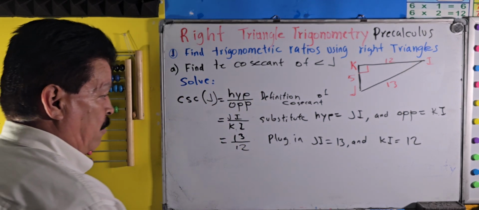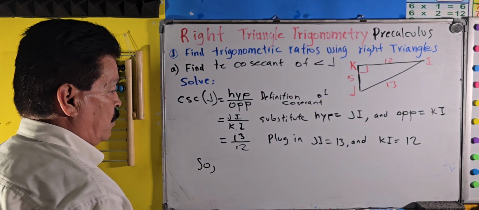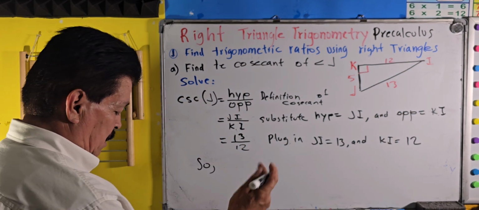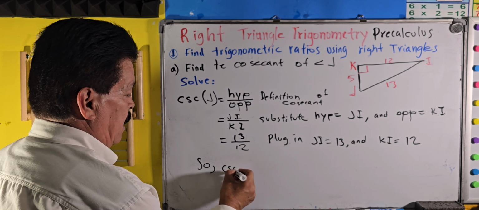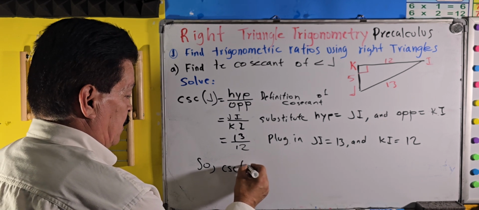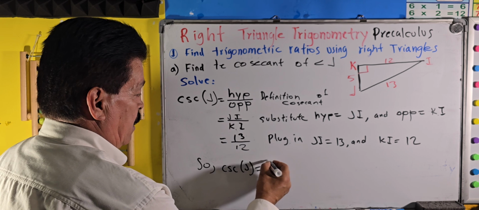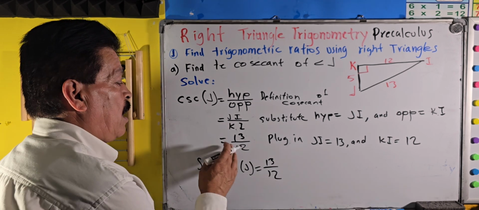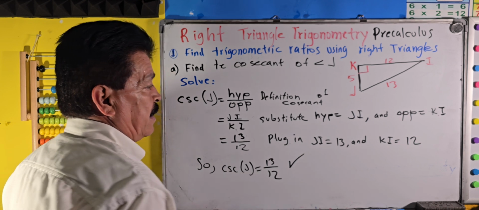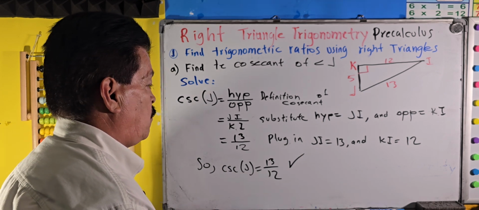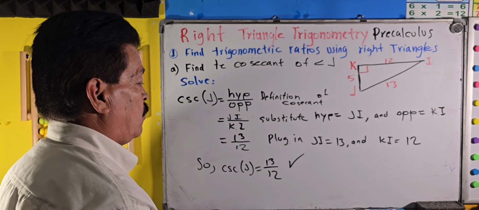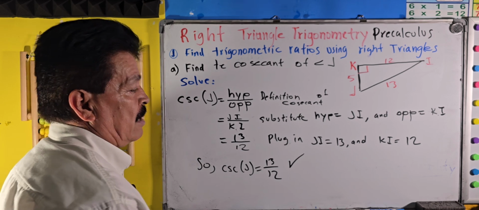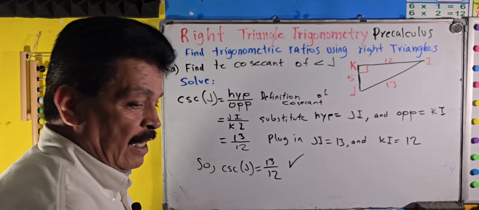That's it. So our conclusion here: cosecant of angle J is equal to 13 divided by 12. That's the simplest fraction. It cannot be simplified anymore. Okay. So this is our answer to this problem.